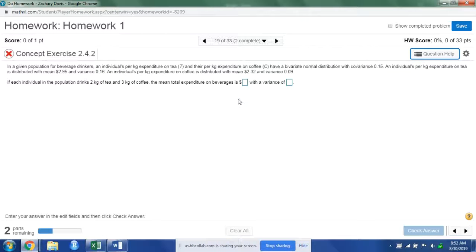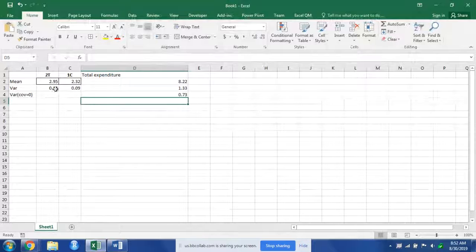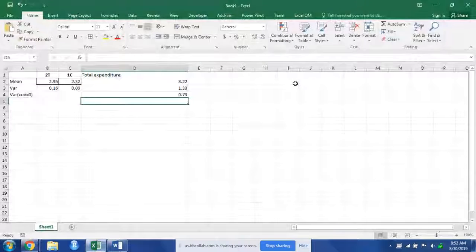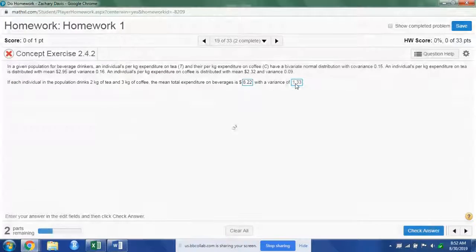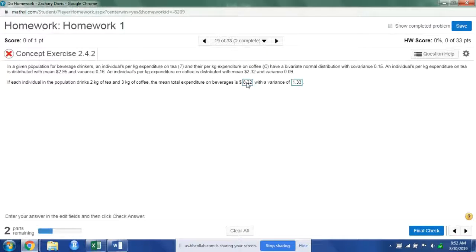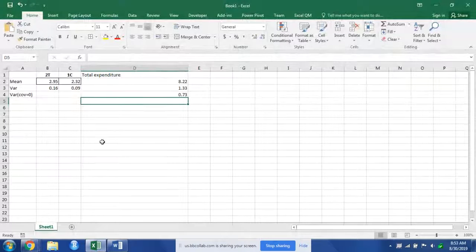Now, if we go back, it might give us different numbers. In this case, it left them the same, so we can just put them in. Oh, did it change? Oh, it didn't change.